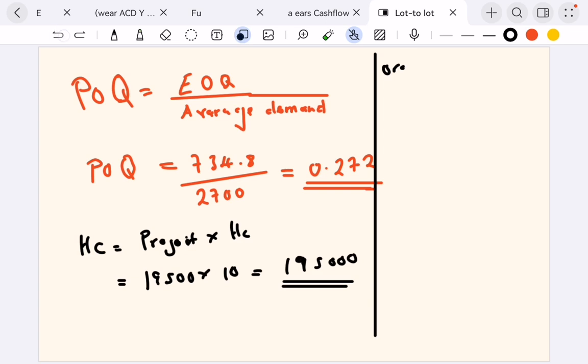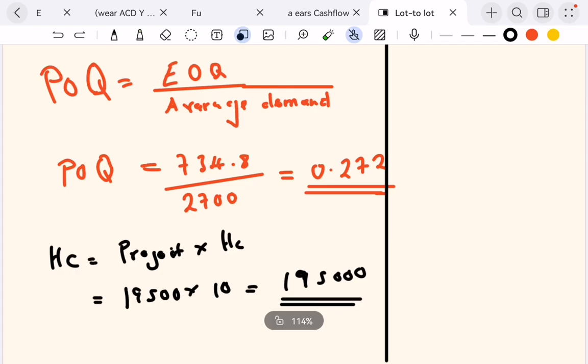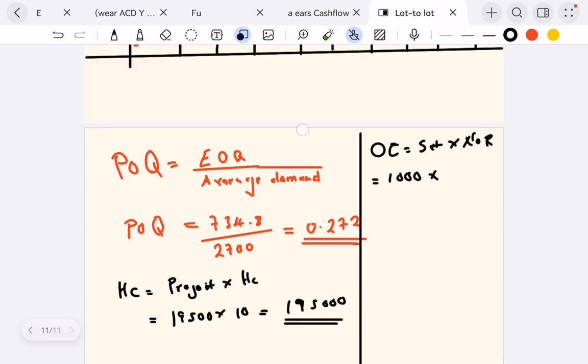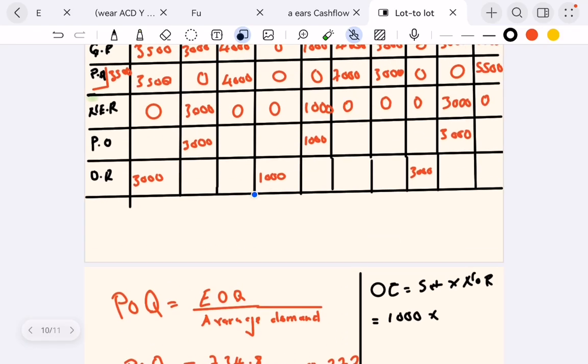It is setup cost times the number of order releases. How much is the setup cost? 1,000. Times the number of orders. Here we have only 3. 1, 2, 3. Times 3, so it will give us 3,000.